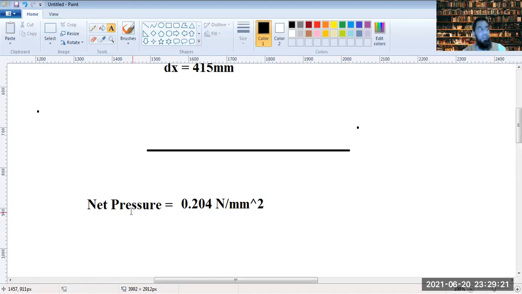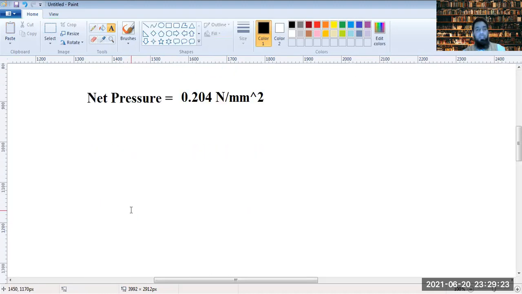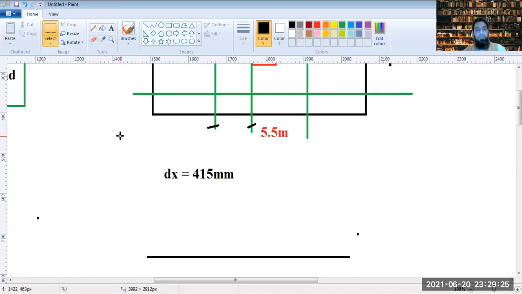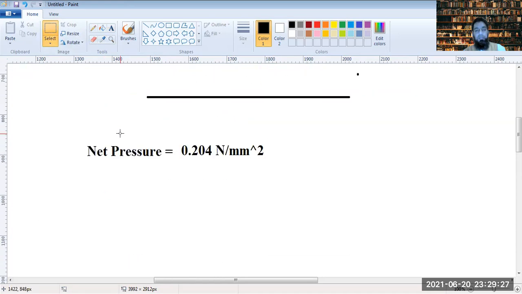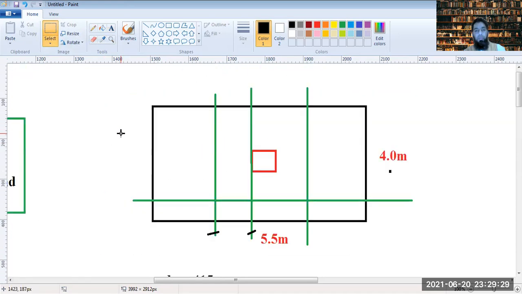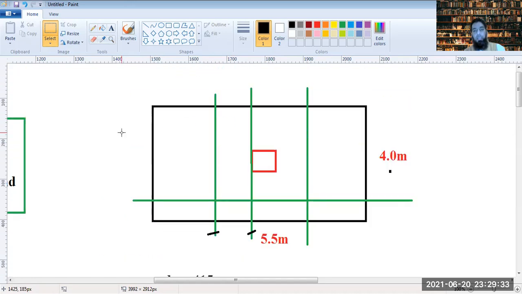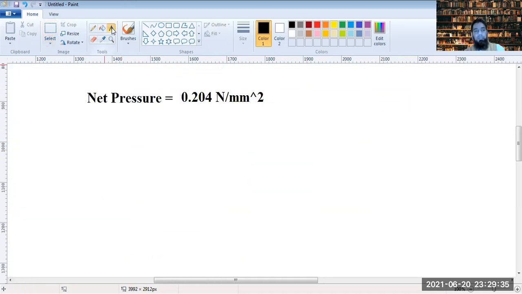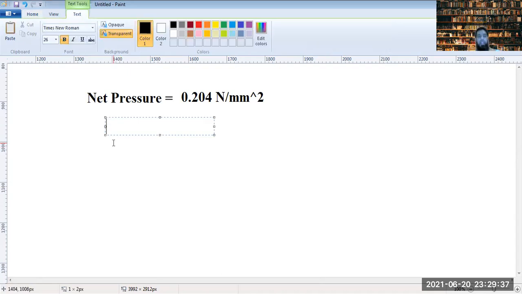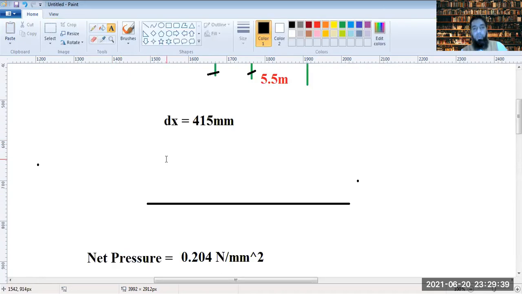So if I have to determine the shear at this location, first of all, I need it along the UDL line, along this line.